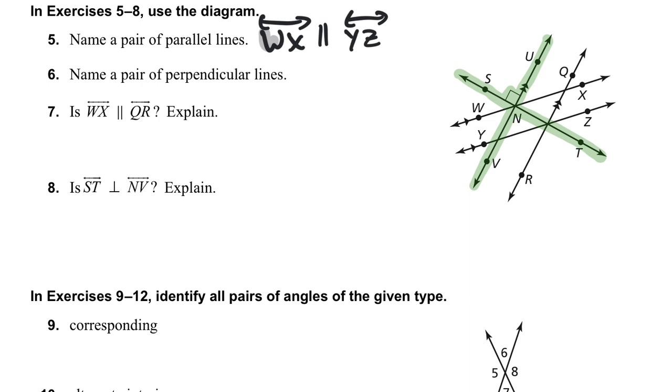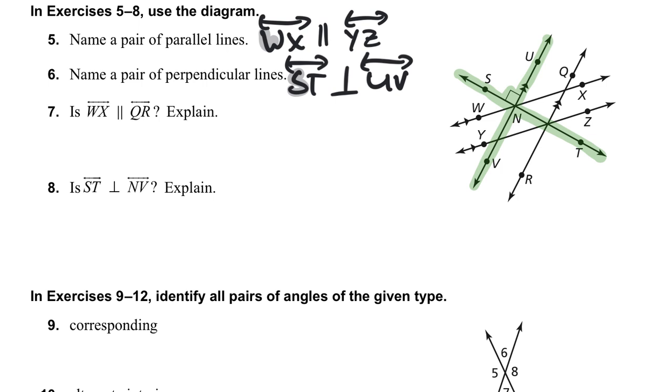We haven't learned about other theorems that would say, hey, shouldn't QR be perpendicular to ST if UV is perpendicular? We haven't learned about that. So the only one that we can say for sure, based on the diagram, is ST. I keep on trying to draw on the highlighter version. ST, that line is perpendicular, I'm going to use the symbol here, to line UV.